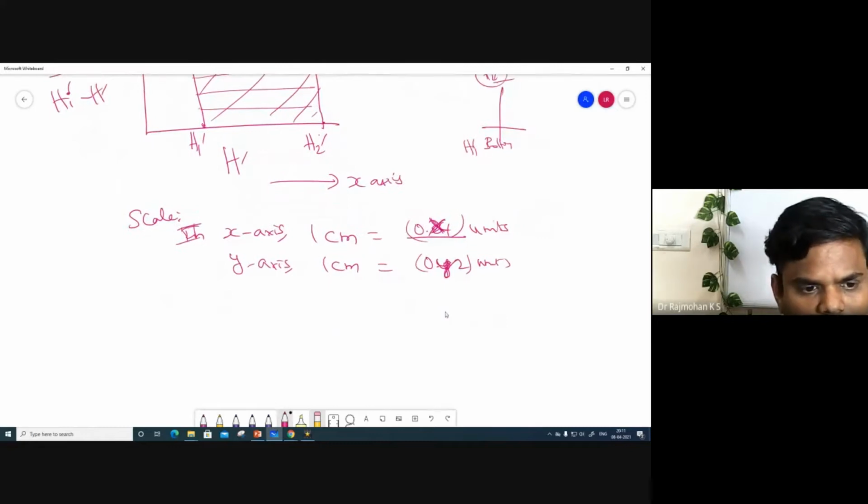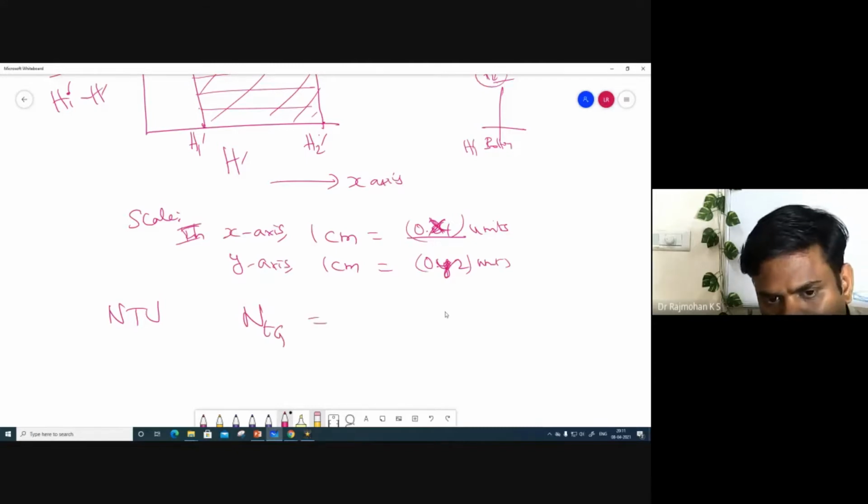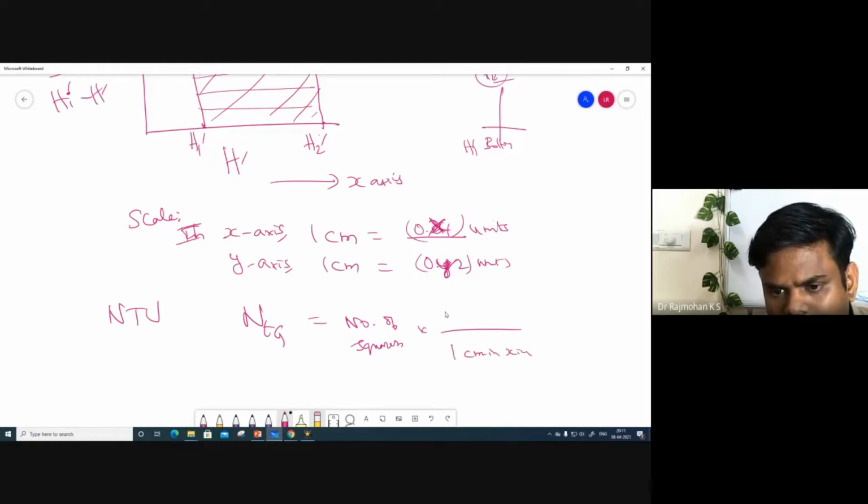Okay, so then what is the number of transfer units? That is NTG is equal to the area, number of squares, multiplied by 1 centimeter in the x-axis equal to x units, into 1 centimeter in the y-axis equal to whatever is the unit.